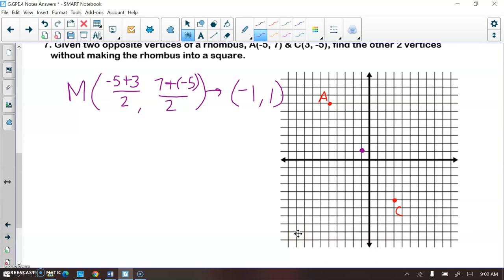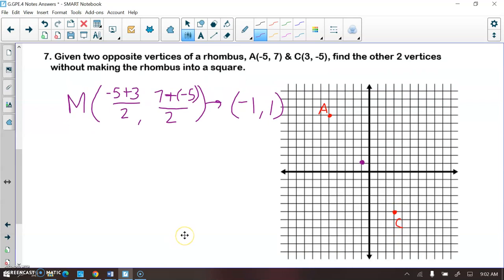Another thing that we know is the diagonals of a rhombus are not congruent. If they were congruent, then it would be a square, and we don't want to make this rhombus into a square. So we also know that the diagonals are perpendicular, so let's use slopes. If I find the slope from my midpoint of my diagonal to A, I go up 1, 2, 3, 4, 5, 6, and over negative 4, which gives me a slope of diagonal AC of negative 3/2 when I simplify.